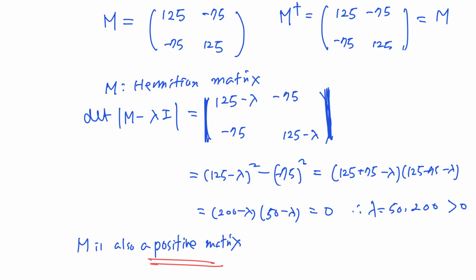We call a particular matrix a positive when its eigenvalues are positive. So M is a Hermitian matrix, positive Hermitian matrix, because its eigenvalues are all positive. On the other hand, the previous matrix, A or X, is not positive because one of the eigenvalues is minus, right?